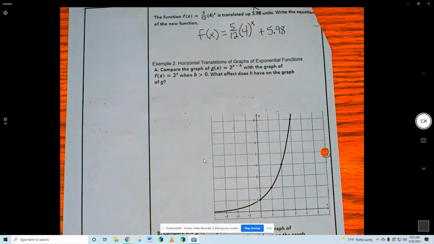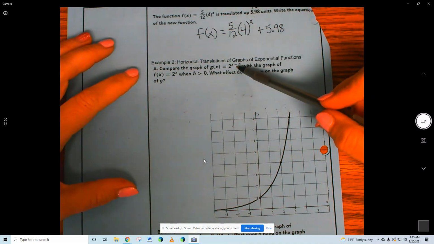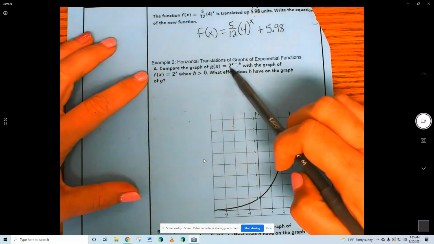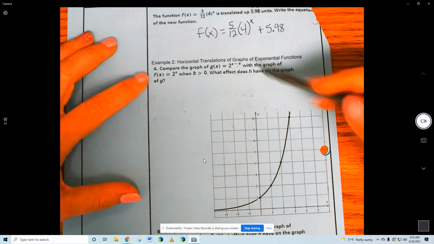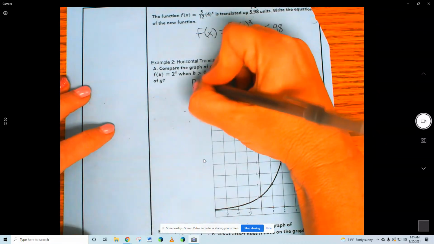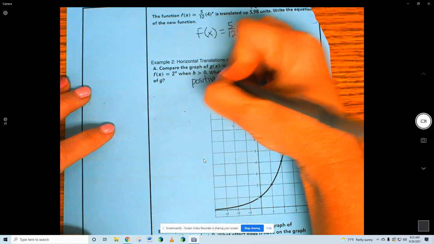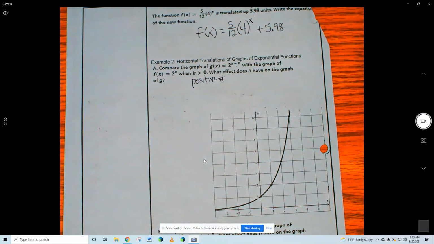So I just did with you the k, which is up and down. Now I'm going to talk on example 2 about h, left and right. It says, compare the graph of 2 to the x minus h, which means this black line here, with the graph of 2 to the x, if h is a positive number, h is greater than 0. What effect does h have?